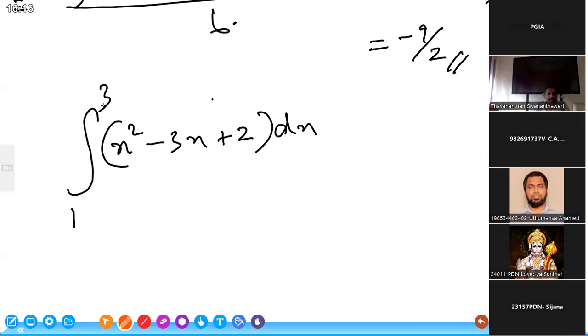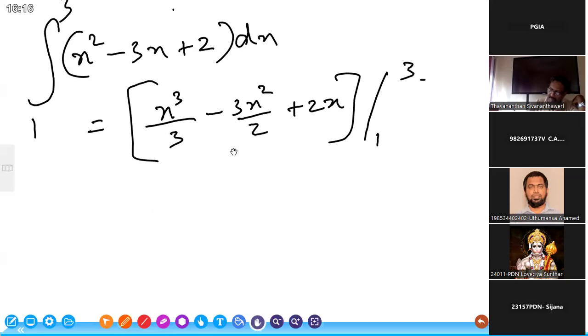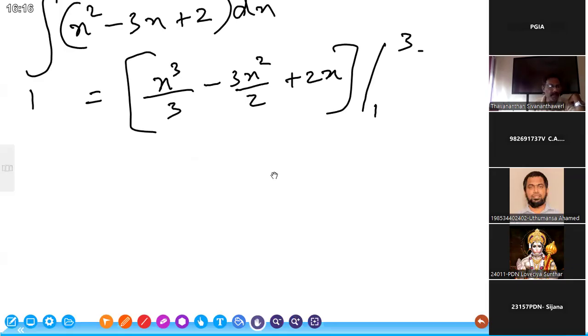Anyone? What is the answer? 2/3. Yeah, 2/3. Anybody got the same answer? This is x to the power 3 by 3, minus 3x squared by 2, plus 2x from 1 to 3. So you substitute the values and see.